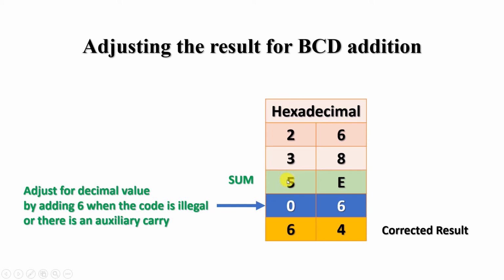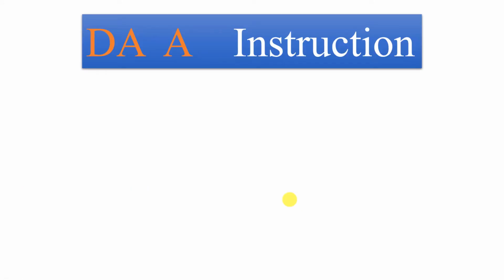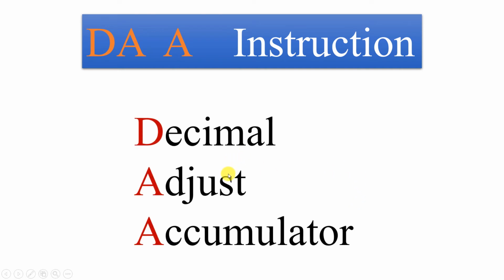in this nibble also. Now for this purpose, in 8051 we have an instruction called DAA, which stands for Decimal Adjust Accumulator. You note that there is a space between DA and A. That space you have to write in the instruction.